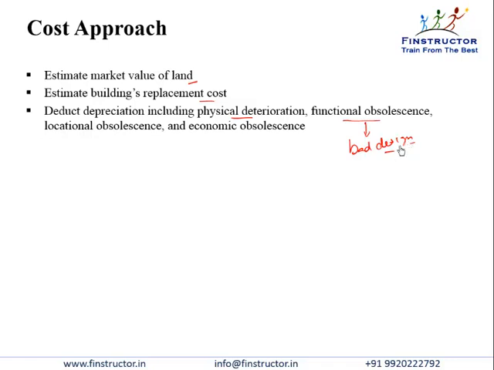There can be locational obsolescence, that is the location is no longer suited for that purpose. Locational obsolescence comes because that location is no longer suited for the purpose that the building has originally been constructed for.